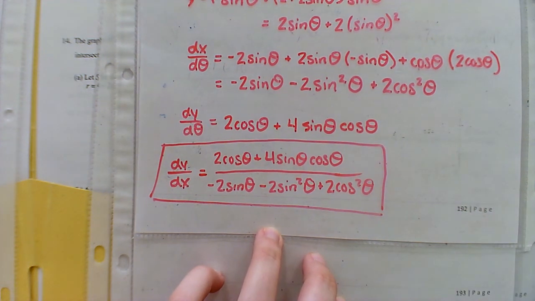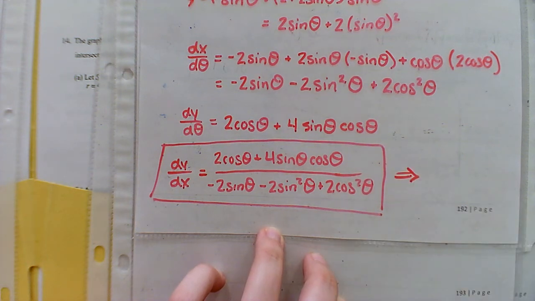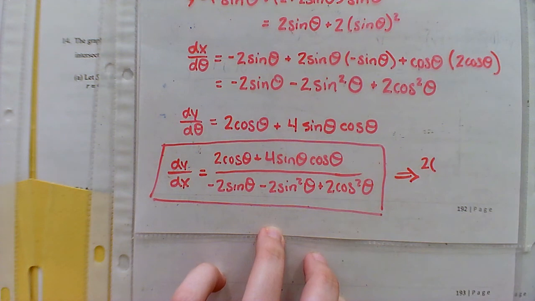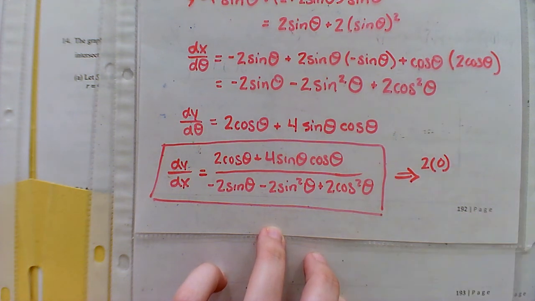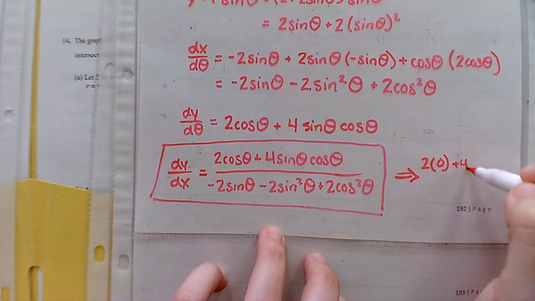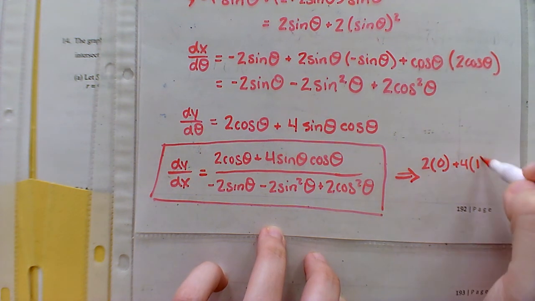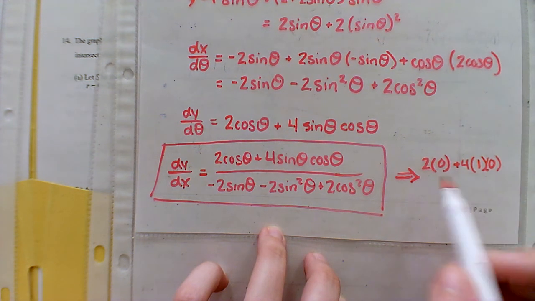All right. They also wanted us to evaluate this slope of the curve at pi over 2. So let's see how that works out. We need 2 times cosine of pi over 2. Using our unit circle, that would be 0. Plus 4 times sine of pi over 2, which is 1, times cosine of pi over 2, which is another 0.